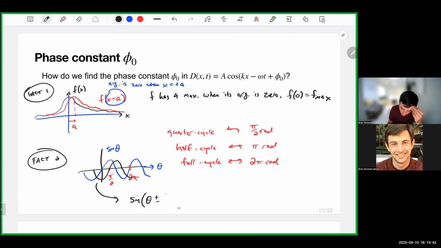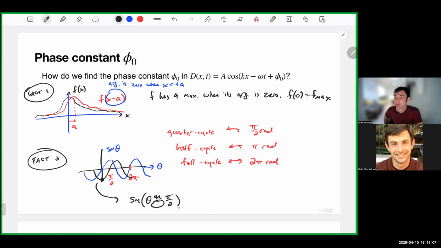So the amount that we're shifting is pi over 2. And because we're shifting to the right, we're going to choose the minus sign. Okay, so the black graph is sine of theta minus pi over 2. And notice how if you plug in theta equals 0, you get sine of negative pi over 2, which is -1, which is exactly where we are on this graph, right?